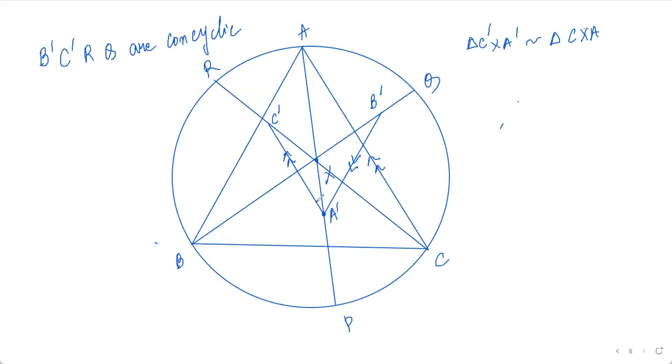Moving on. So therefore, C dash A dash by AC is equal to X A dash by AX.